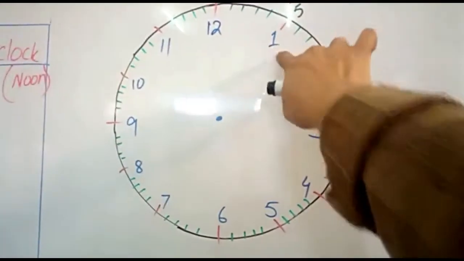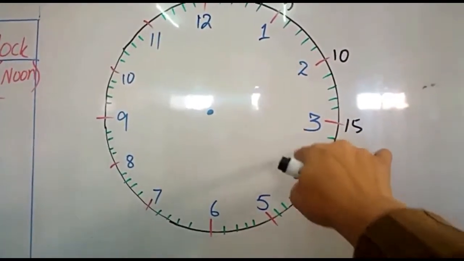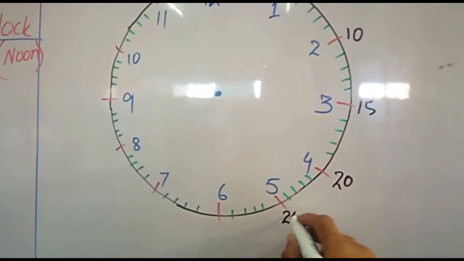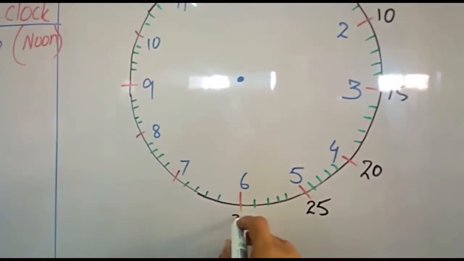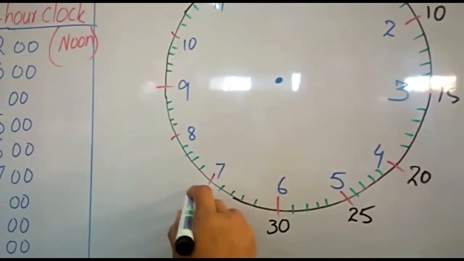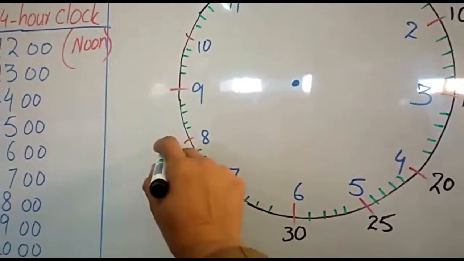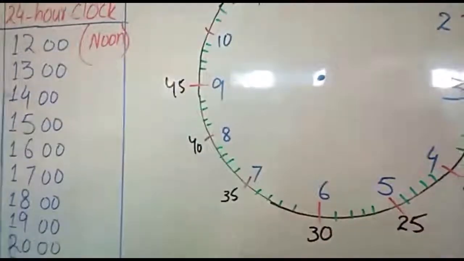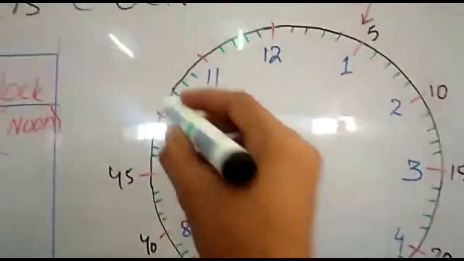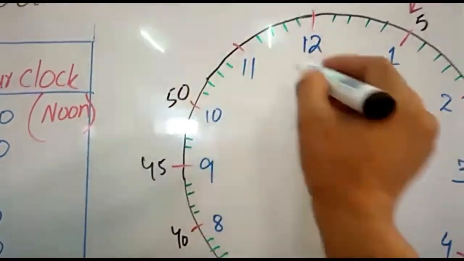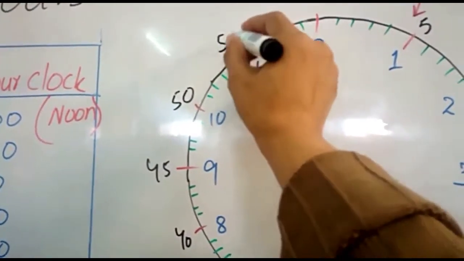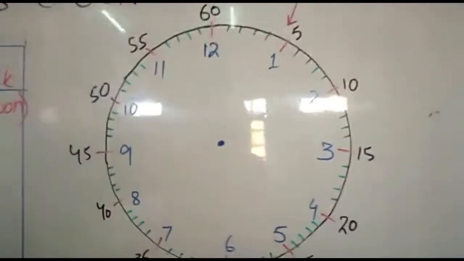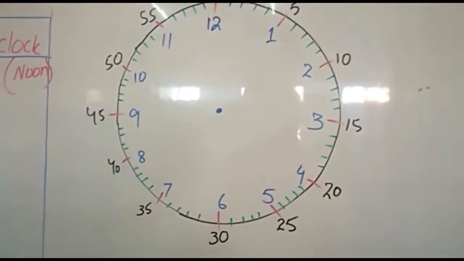Here are 5 minutes, 10 minutes, 15 minutes, and 5 fours are 20, 5 fives are 25, 5 sixes are 30, 5 sevens are 35, 5 eights are 40, 5 nines are 45, 5 tens are 50, 5 elevens are 55, and 5 twelves are 60. There are 60 minutes in a clock.